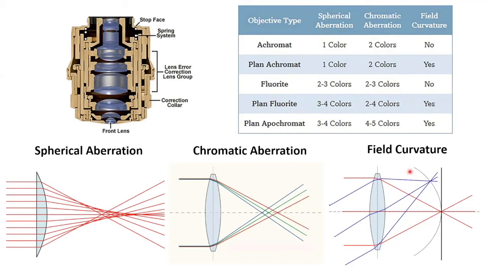So a good objective should have correction for all of the above, and so it becomes more complicated and also expensive. Here is a table of common correction lens names and their meanings. You can see, for example, the best one usually is called plan apochromatic. It corrects for multiple colors and also corrects for field curvature, therefore giving you a flat image.